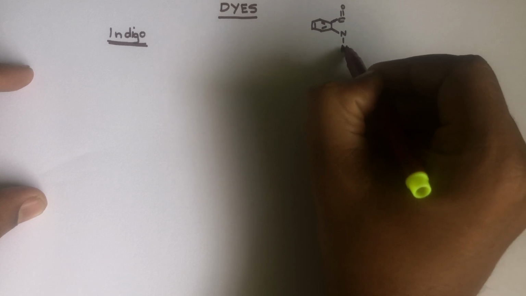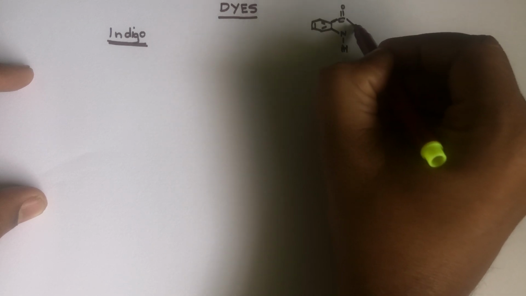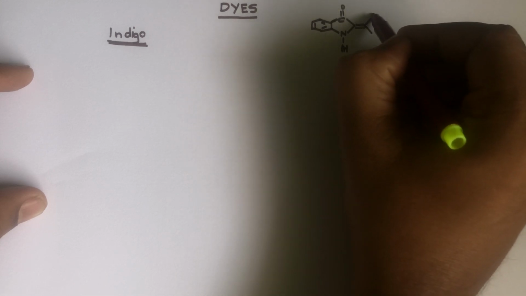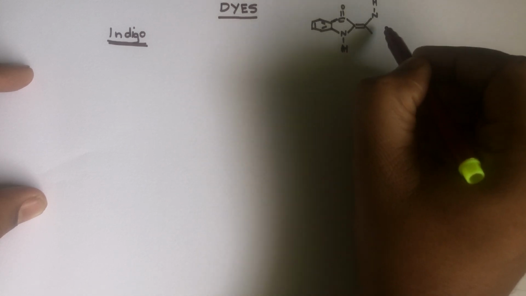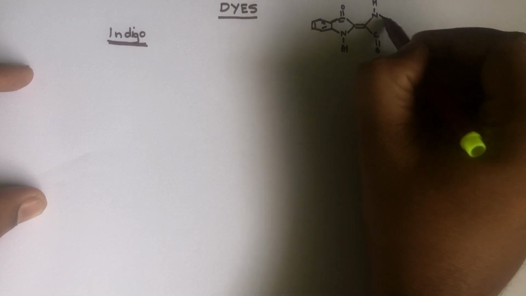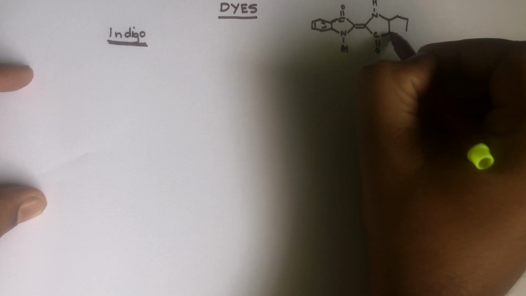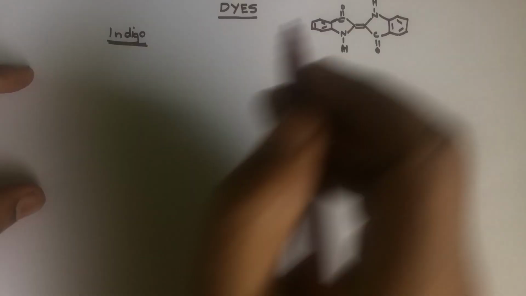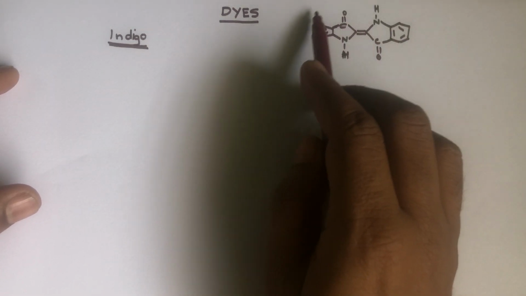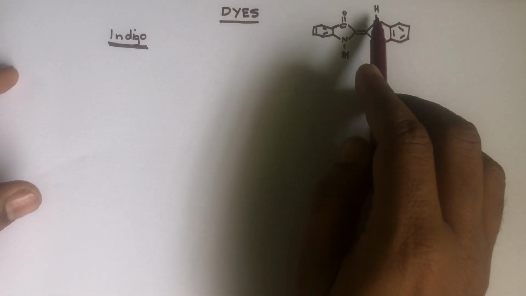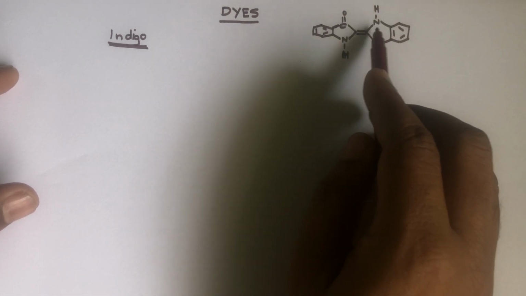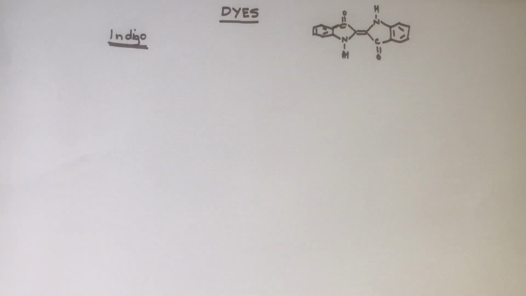C double bond O, NH, NH, C double bond O. So two similar molecules. This moiety and this moiety are the same: benzene ring, NH, C double bond O. Both are the same. So we need to prepare one moiety and then we need to link them.